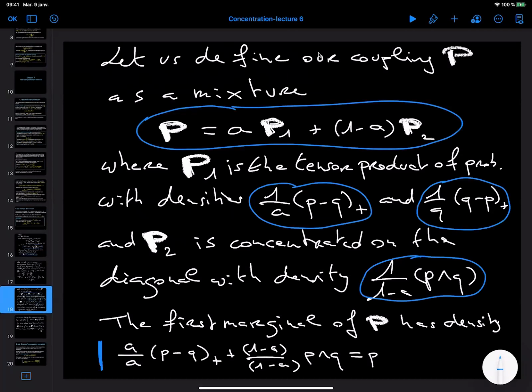It means that when you look at the couple XY under P1, the variables are independent. X and Y are independent, okay? So in this case, the probability that they are different is equal to 1.